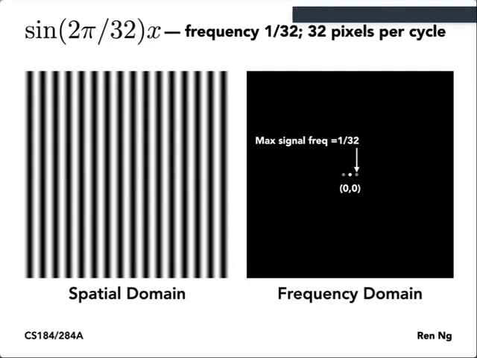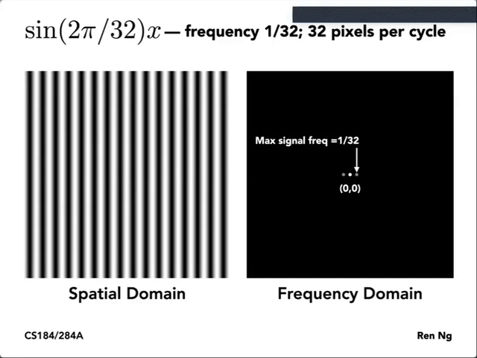What you observe is that it's 3 dots spread out horizontally. The origin is 0,0. The location of this dot over here is 1 over 32 in the x direction.